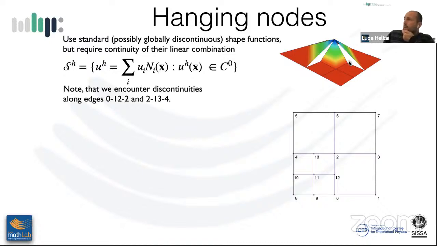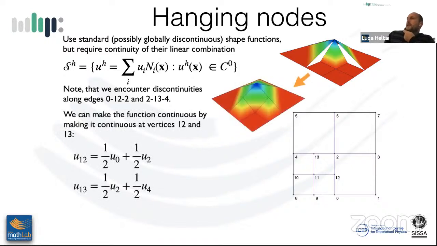So numbers 12 and 13 are not free to do whatever they want, but just a linear combination of the degrees of freedom number 2 and number 4, or number 2 and number 0. If you look at this in this way, then you can rewrite this as a continuous basis function, as you see in the picture, by enforcing this type of constraints.